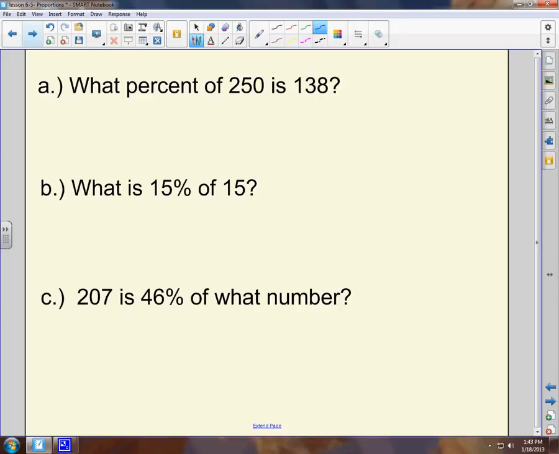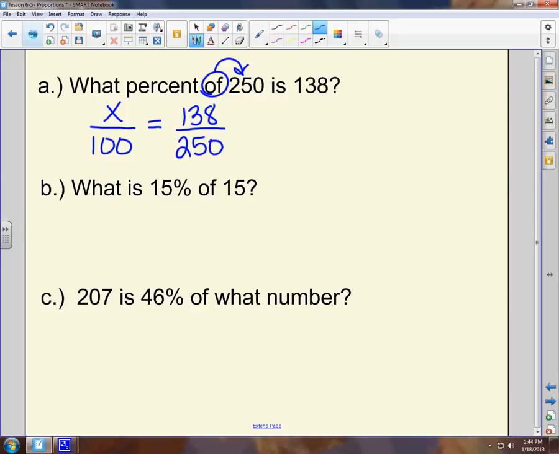All right, so I'm going to set up my proportion like this, and I'm going to put 100 at the bottom. I can do that for all three of these problems, remember. So it says, what percent of 250 is 138? So I don't have a percent, so that's my x. Here's my word of, and then the one right after it's 250, so that goes on the bottom, and then 138 goes on top.